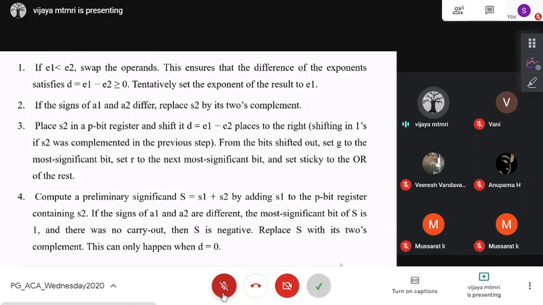Compute the preliminary signed S = S1 plus S2 by adding S1 to the p bit register containing S2. If the most significant bit of S is 1 and there is no carry out, then S is negative. Replace S with its 2's complement. This can happen only when D is equal to 0.